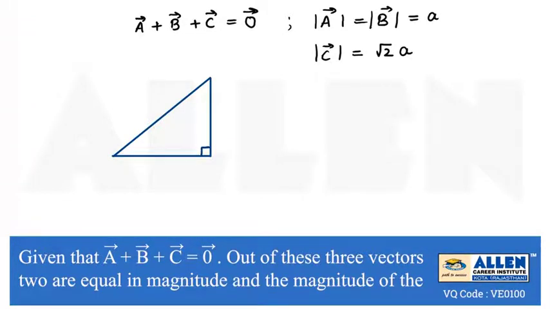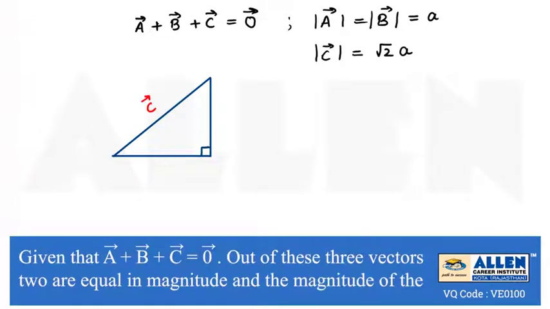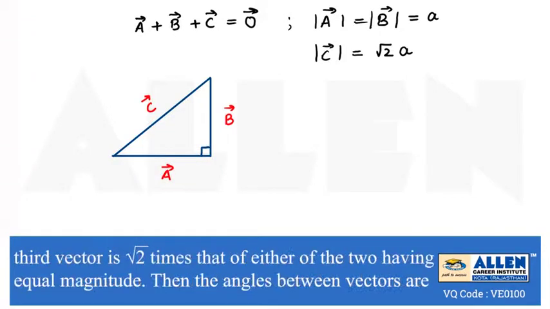So the hypotenuse is the largest side, represented by c vector here, and the remaining vectors can be represented on the perpendicular and base. Suppose this is a vector and this one is b vector. So a vector and b vector are on the base and perpendicular side of the right angle triangle, where c is on the hypotenuse, because c has the largest magnitude, root 2a.